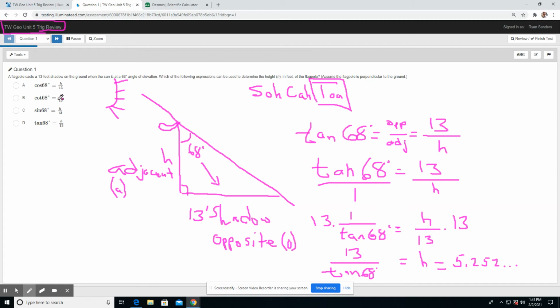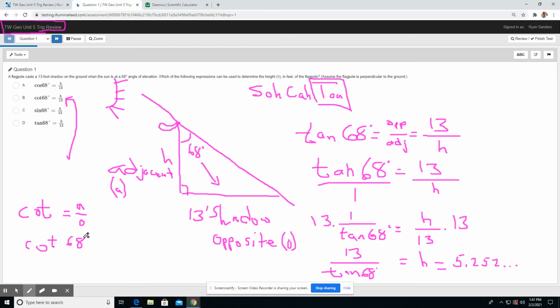Oh gee, we got cotangent in here. Cotangent is the reciprocal of tangent. So cotangent, gee, this is tough. Cotangent is equal to adjacent over opposite. Okay, it's just the flip of tangent. So that would be cotangent for this one. I don't see any others.